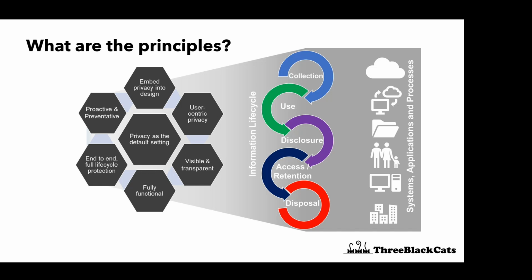One of the next key ones: fully functional. We quite often hear privacy said no. Now, that's not a position we ever want to take as privacy, and that's part of privacy by design. One of the principles is that the system or solution can be fully functional with privacy as a consideration. So privacy is not the no place.